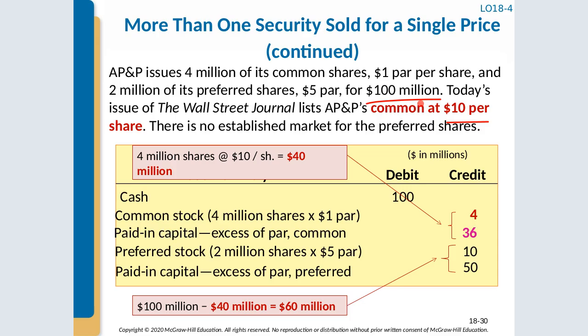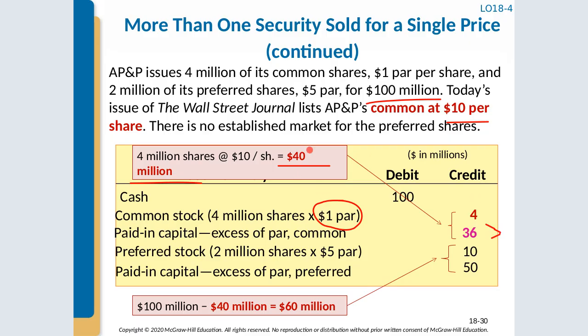And so we are able to determine that the common stock, if we take 4 million shares multiplied by 10, is 40 million. So we have that 4 million will be our common stock. Again, common stock is always credited at par, and then the difference between par and the per share value is credited to paid in capital in excess of par.